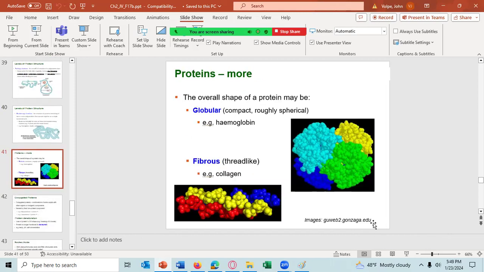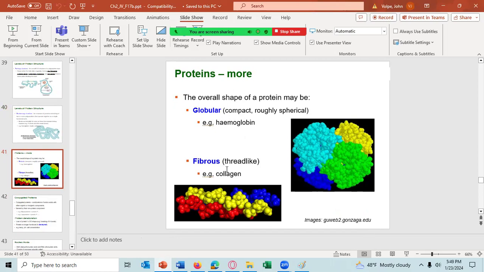All right, with a little further discussion of proteins, we have two overall shapes a protein may take. There's a globular protein, and this is a compact protein, roughly spherical. Hemoglobin is an example of a globular protein. And then the second type is a fibrous protein.